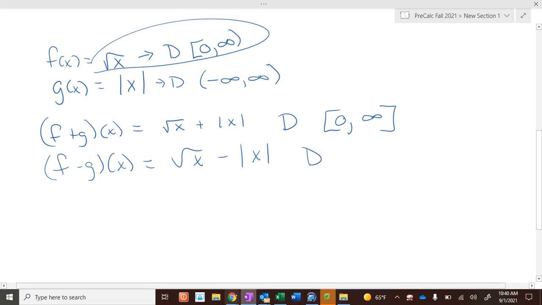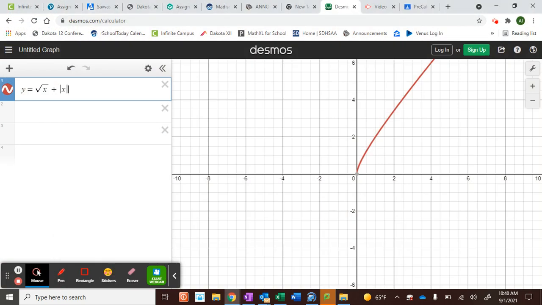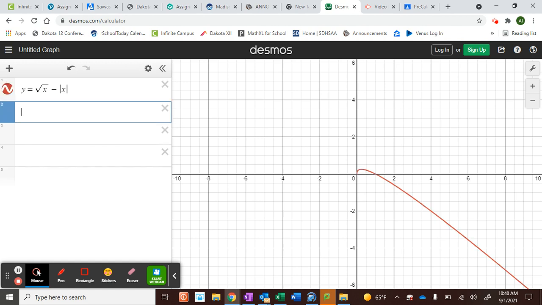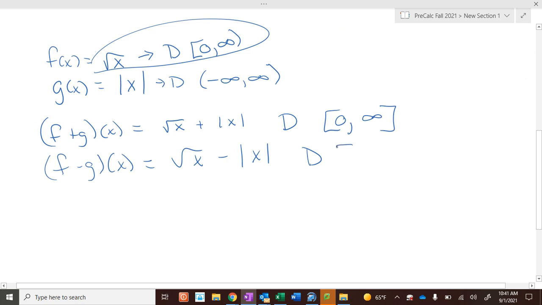If we look at that graph, we just change this plus to minus, and it looks like that. Does the domain change? No. The range changes, but not the domain. So the domain is 0 to infinity.